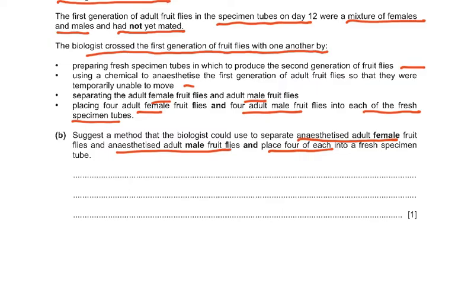So you could use a hand lens to first differentiate between the male and the female fruit flies, and then you use a paintbrush, you can use a pooter as well, or you can use forceps to pick them up very carefully and put them in the specimen tubes.